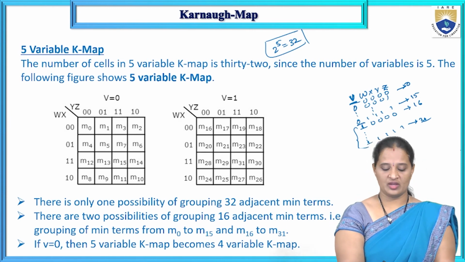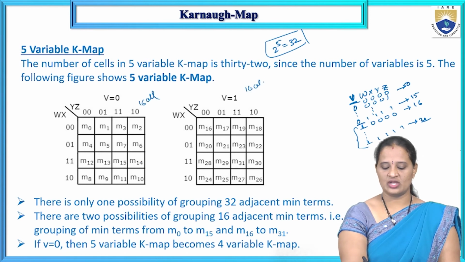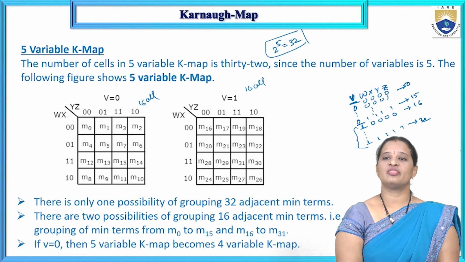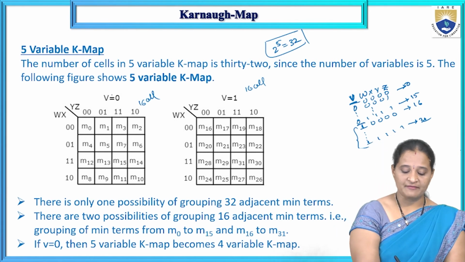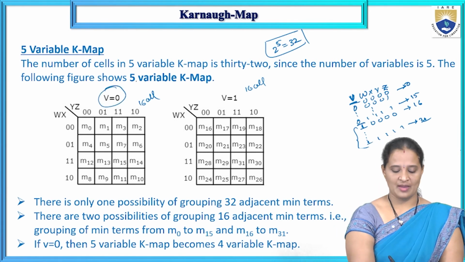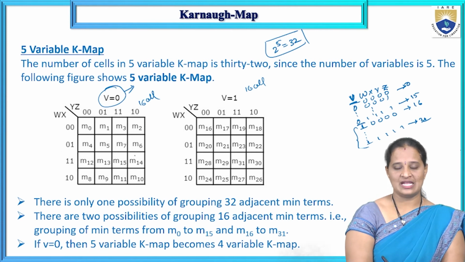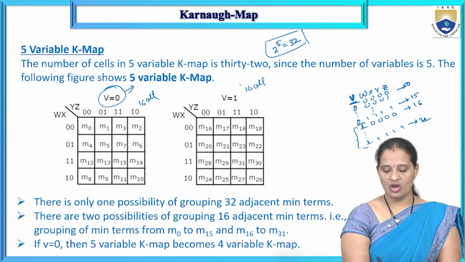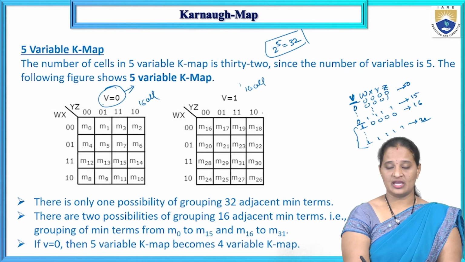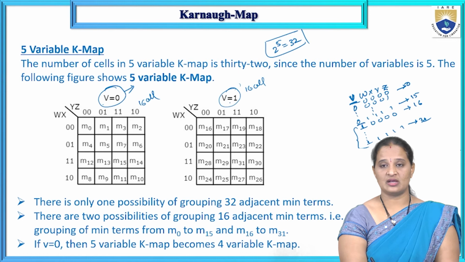In one 4 variable K-map I have 16 cells, and in the other 16 cells, so in total 32 cells. For the first 4 variable K-map, I am considering V value as 0, which is common for all its cells, whereas for all the cells of the second 4 variable K-map, V value is common, equal to 1.